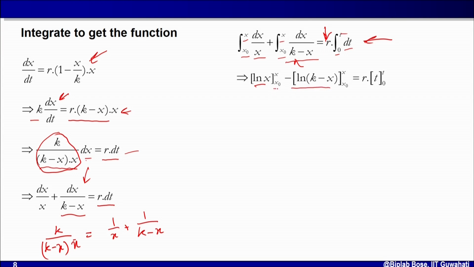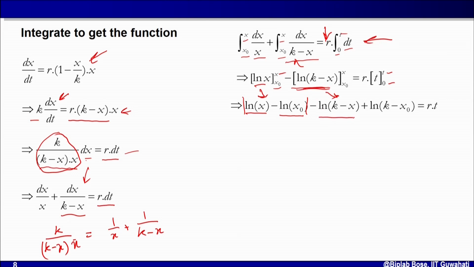I have to integrate from x naught to x, and time from 0 to t. So by simplification, what do I get? I get ln x minus ln x naught. This whole thing is coming from this one. From this one I get minus ln(k minus x) plus ln(k minus x naught) is equal to rt.